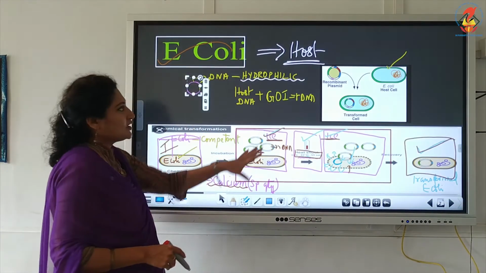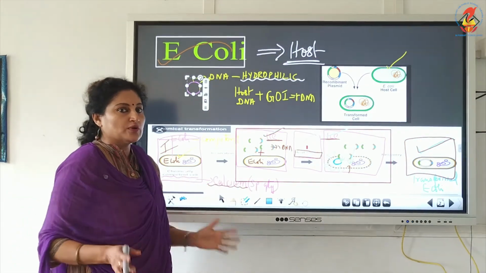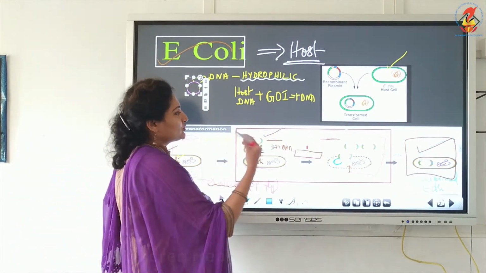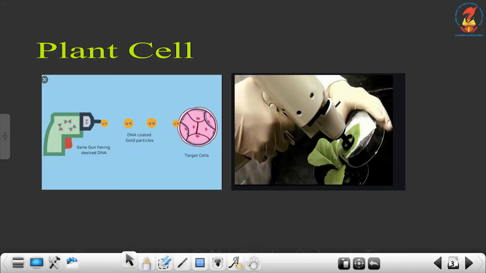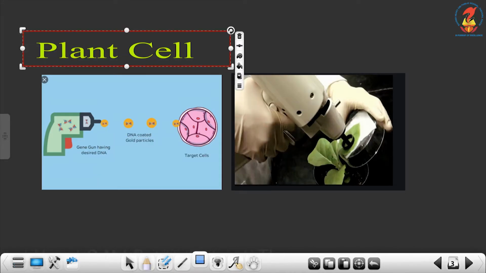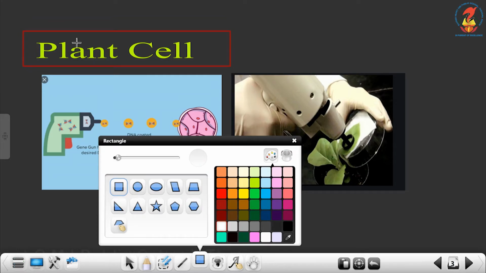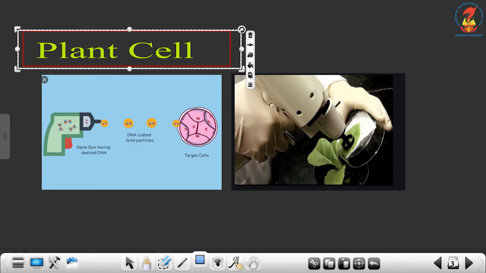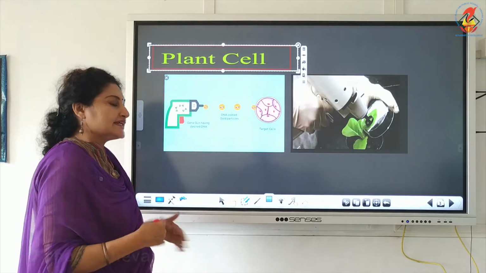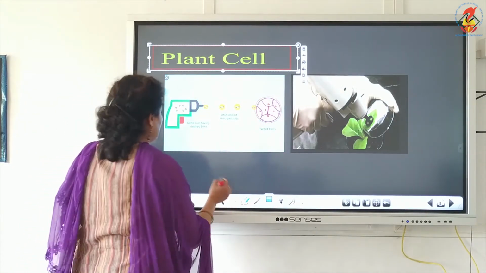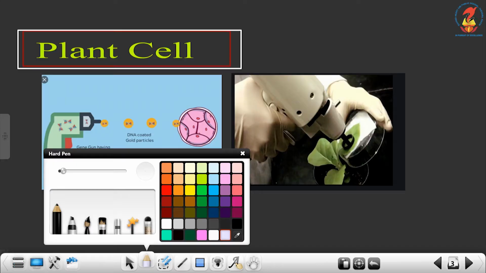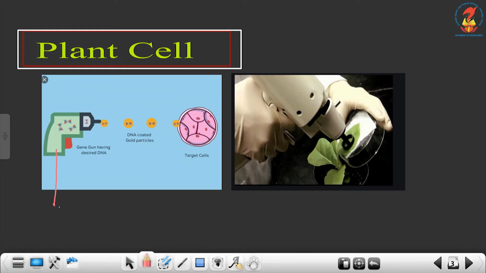So this is the usual procedure with the usual host, E. coli. Now I'm making a change, the host change. If the plant cell is used as the host, the technique changes. In that case, we make use of gene guns.